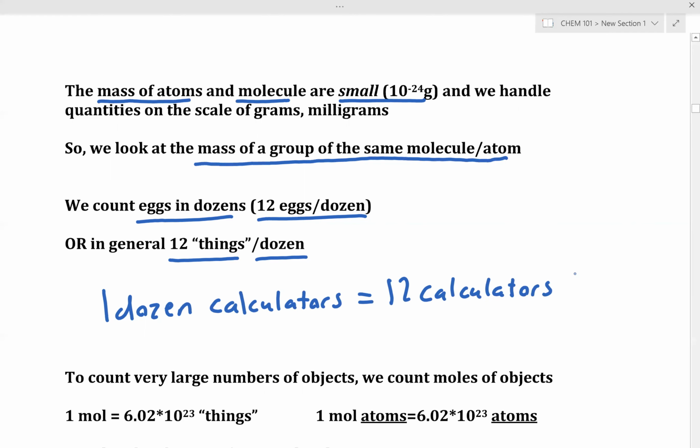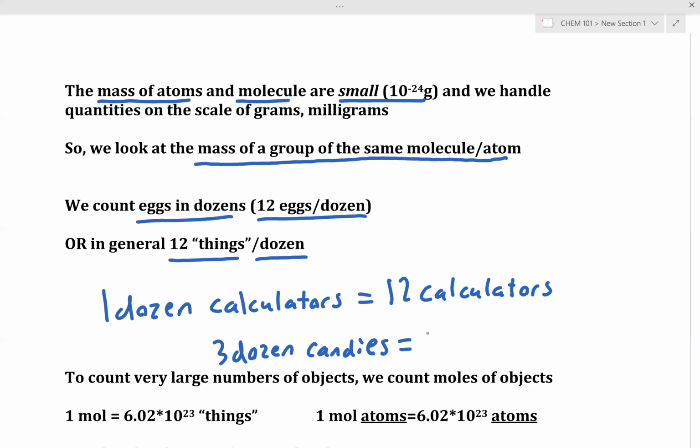And now this is really cool because we can actually do these conversions really quickly because we're so used to the idea of a dozen. If I told you we have 3 dozen candies, I expect many of you will be able to tell me how many candies we have if I have 3 dozen? 36, right?